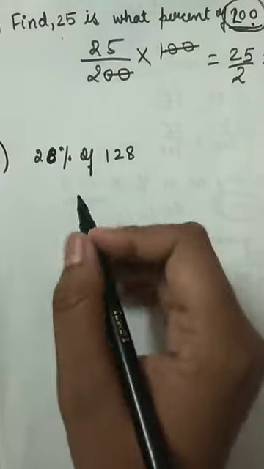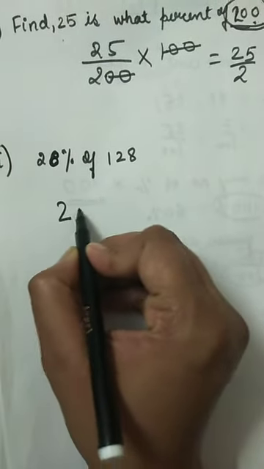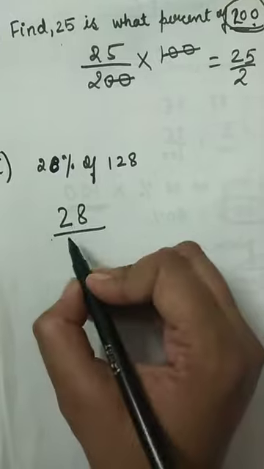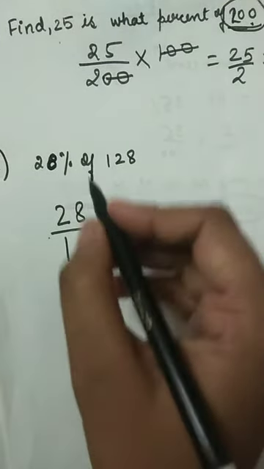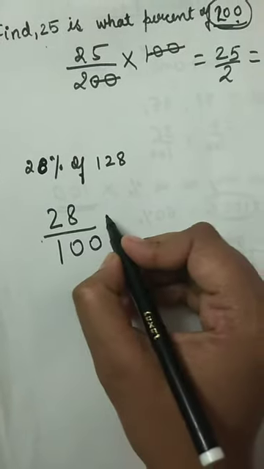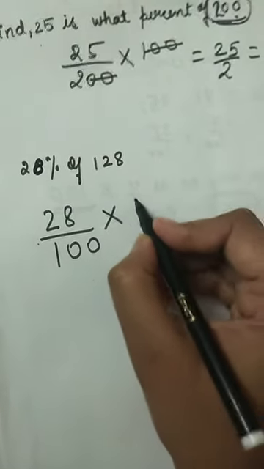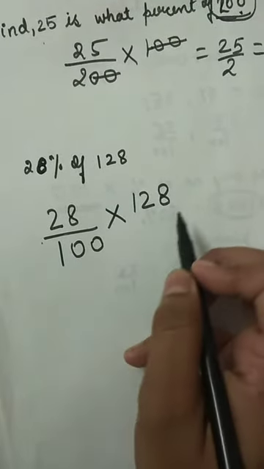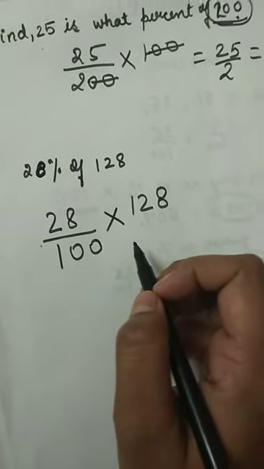Next question, percentage sign is given. It is 28% of 128. So you will remove the percent sign and write 100 in the denominator, and this will be 128. Then we will solve this.